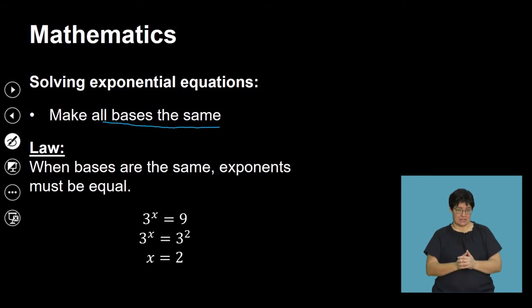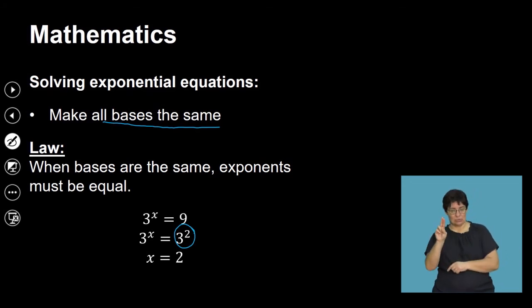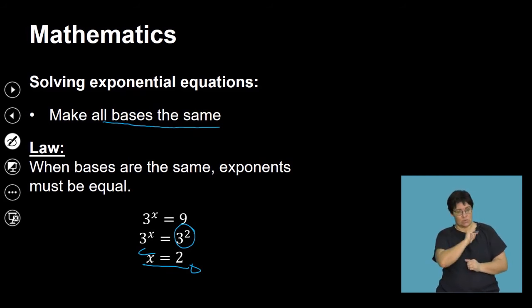Here you can change the 9 to be 3 squared. Because it's 3 to the exponent of x is equal to 3 to the exponent of 2. Whatever that x is, it must make sure that the relationship of them being equal holds. Hence, the x will just be equal to 2. That's why then the exponents become equal when the bases are equal.